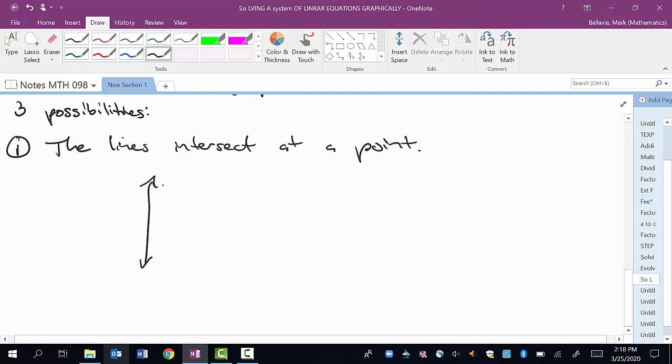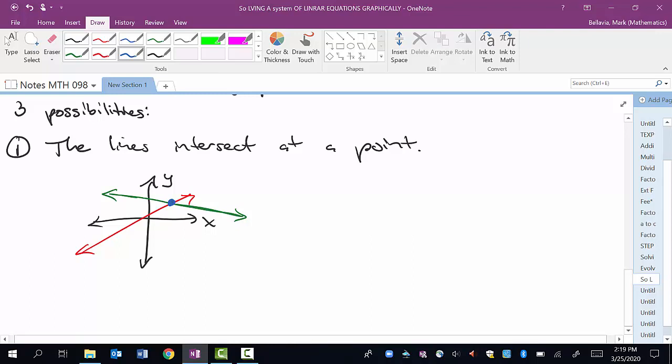just a quick little sketch of an x and y axis here. Here's the x-axis, here's the y-axis. We'll have one line that might look like that. And we'll have another line that maybe looks like that. So we got these 2 lines. The solution, remember, is where they intersect.